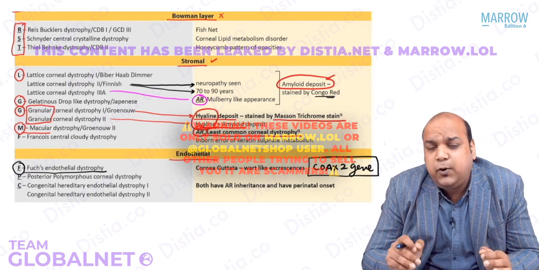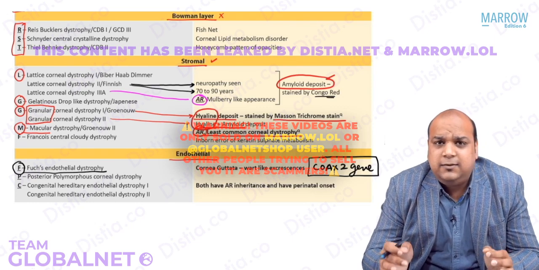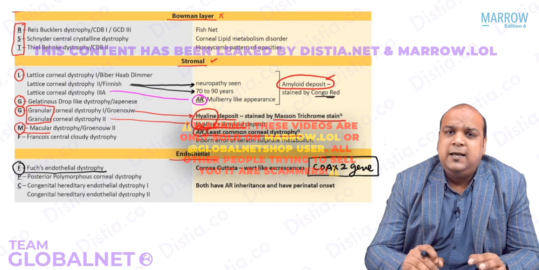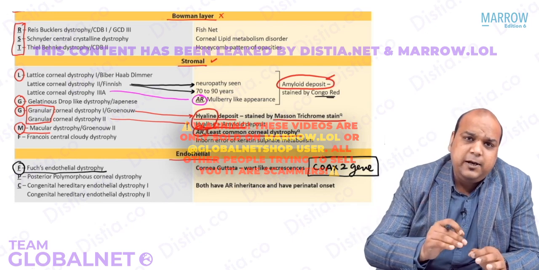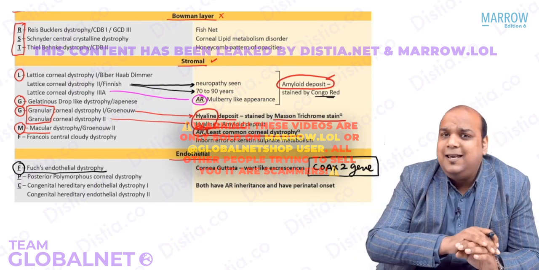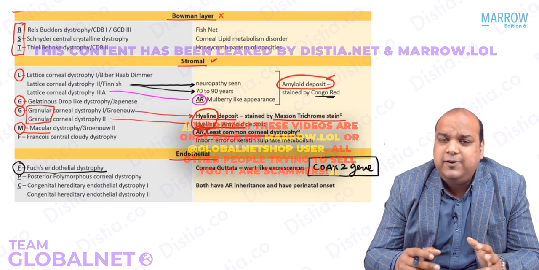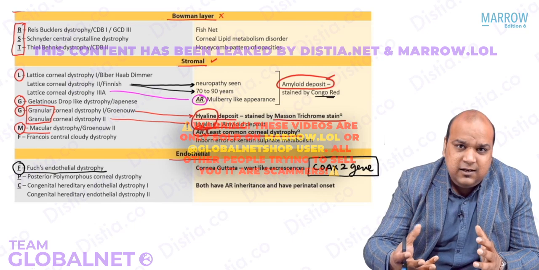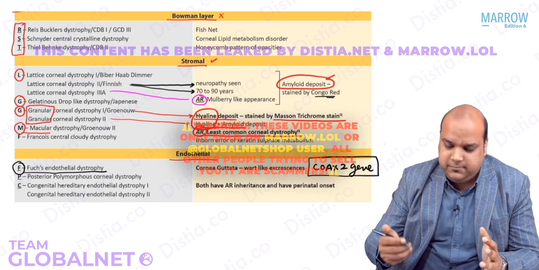Due to that, the function of the endothelium and Descemet's membrane regarding fluid entering the cornea is improper now, which leads to wart-like excrescences formed on the endothelium.